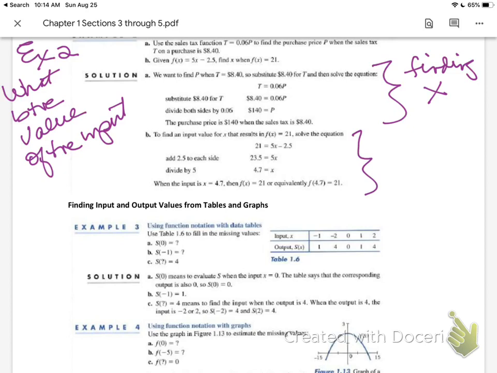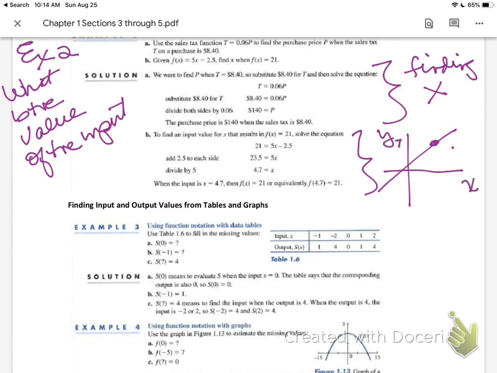So let's say, for example, that you have a graph on your graphing calculator, and we'll just say it's a line like that. We'll just say this is y and this is x.